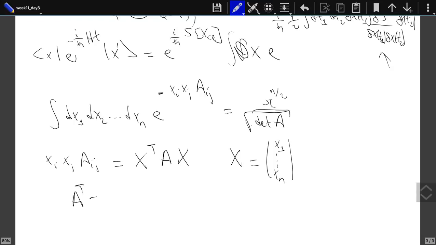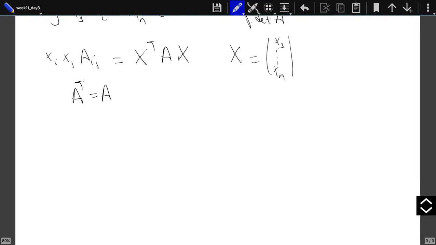Secondly, A transpose is equal to A. That is, you can choose the matrix A such that A transpose is equal to A. Do you agree? There should be a preference on i or j. Well, in A_ij, there is a preference. You see, you can just choose.